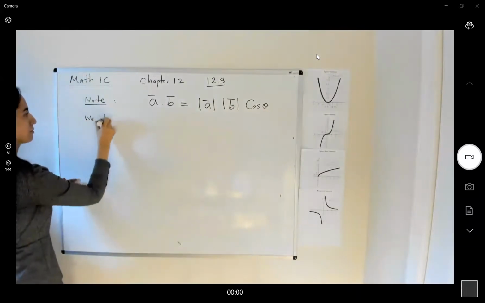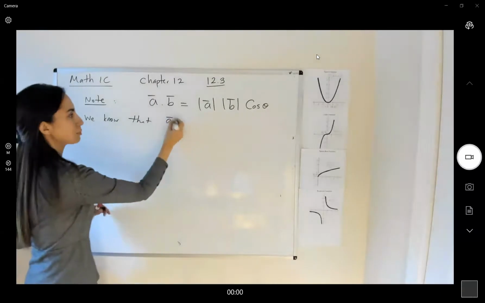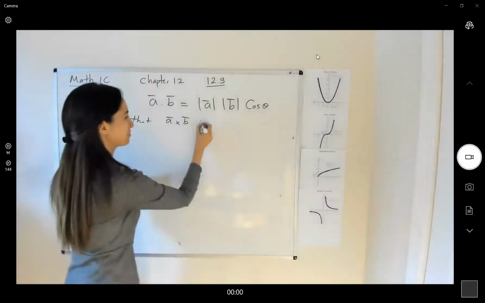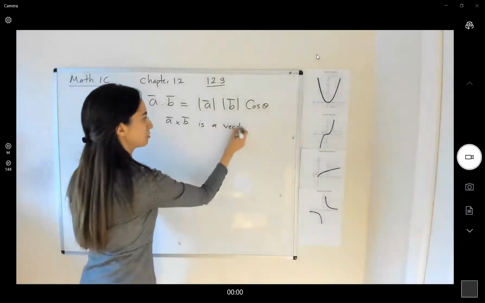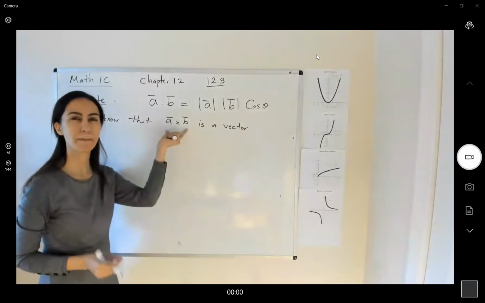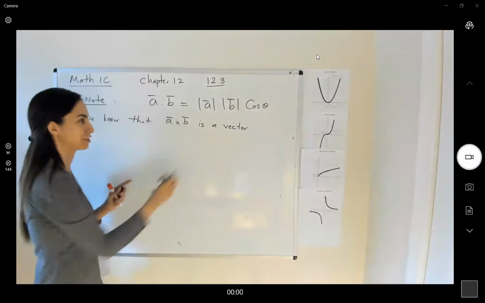We know that the cross product between two vectors is a vector. So what's the meaning of that? It means that you can find the magnitude, length, or norm of this vector.